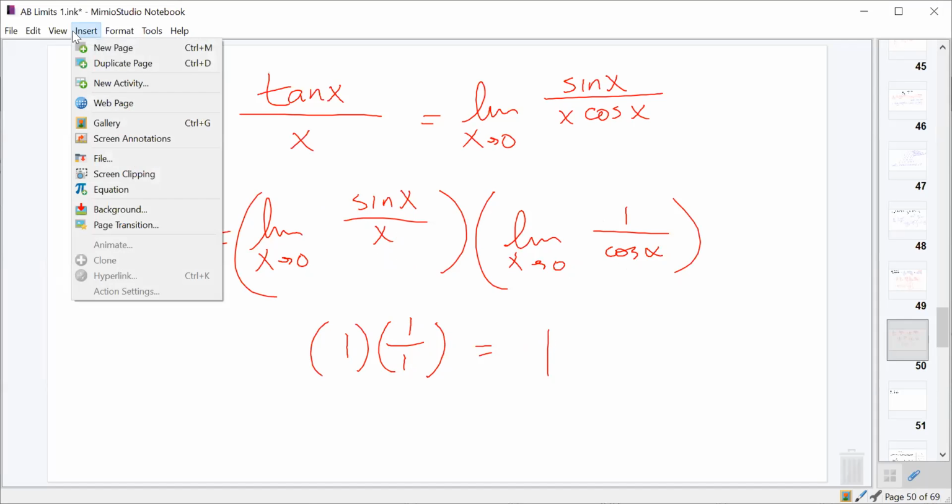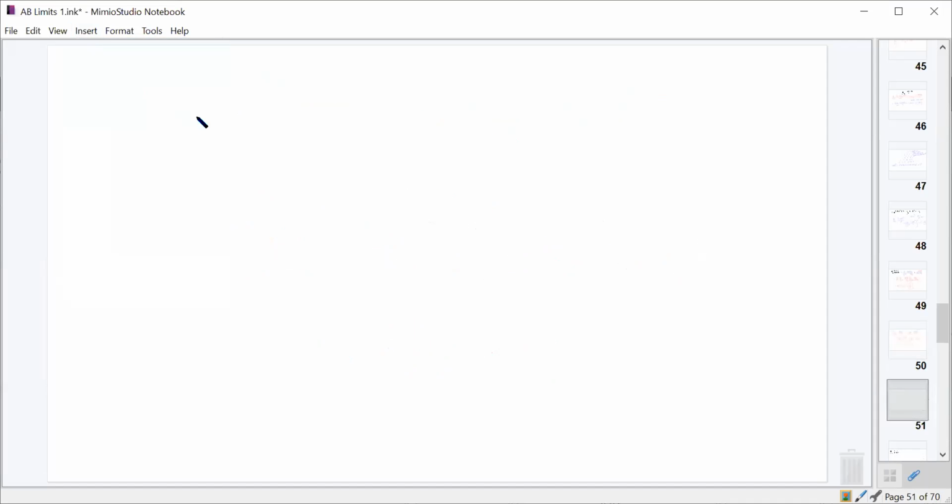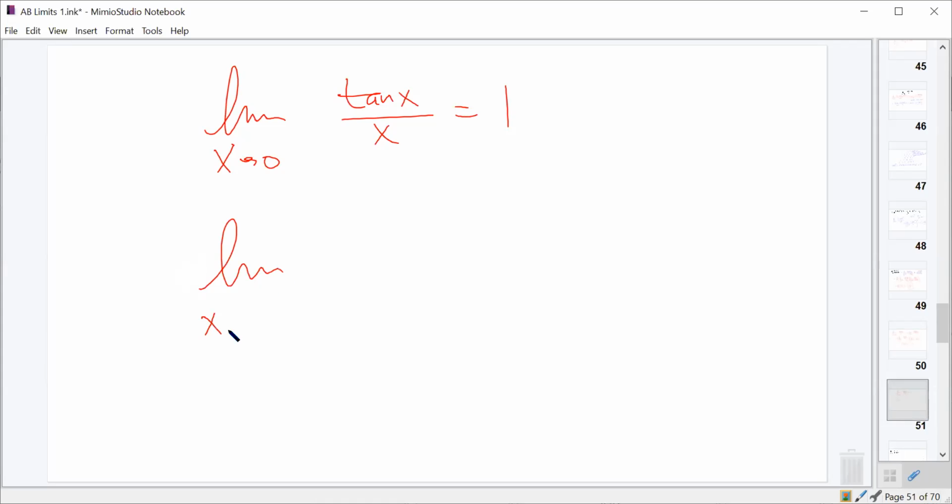So we should now also memorize this limit. And I will tell you that the inverse of that is also true. Two more limits that we should memorize. So we now have 6, right?